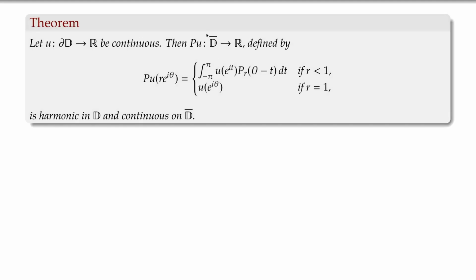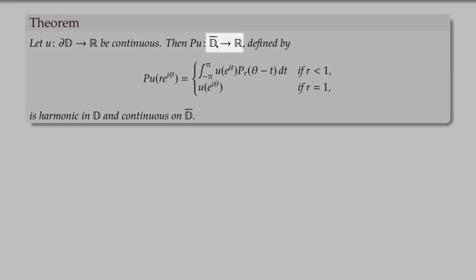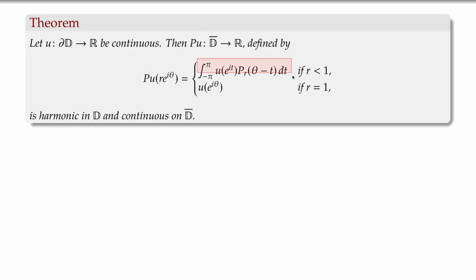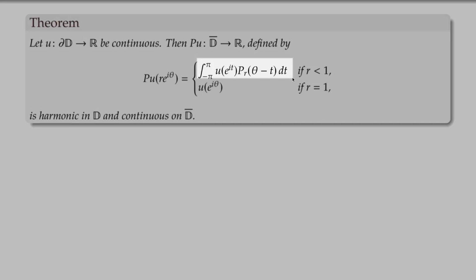We're going to define this function on the entire closed disk, first inside. So at r e to the i theta, as long as r is less than 1, so we're inside the disk, we integrate u against the Poisson kernel. We're basically doing a convolution with an approximate delta function.